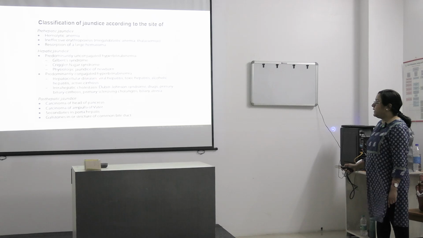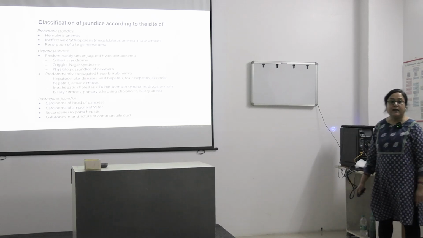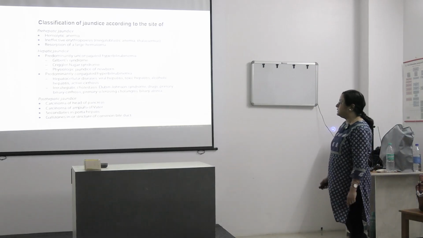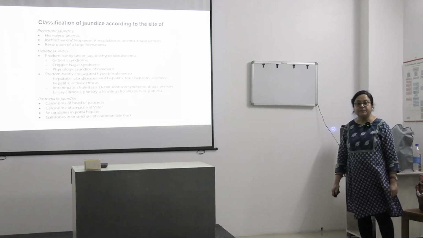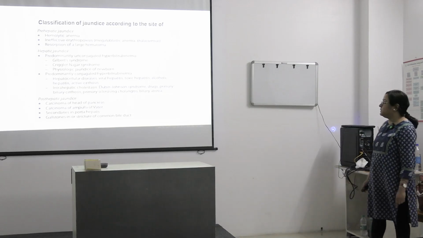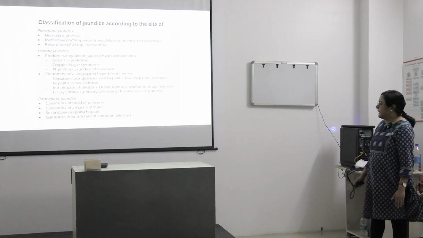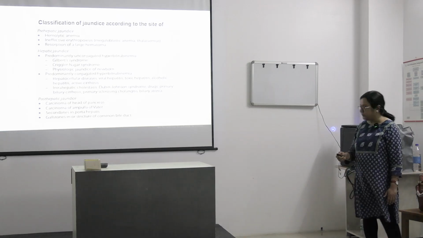The conjugated type we will find in hepatocellular diseases such as viral hepatitis, toxic hepatitis, active cirrhosis, and also intrahepatic cholestasis is found in Dubin-Johnson syndrome, some drugs, primary biliary cirrhosis, biliary atresia and cholangitis.